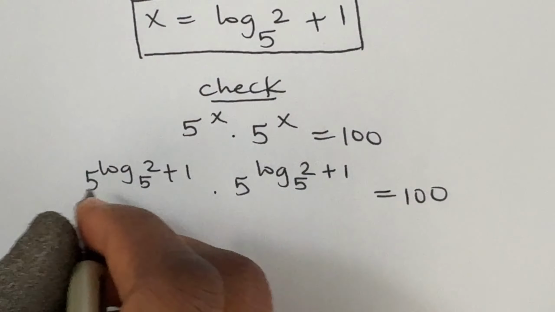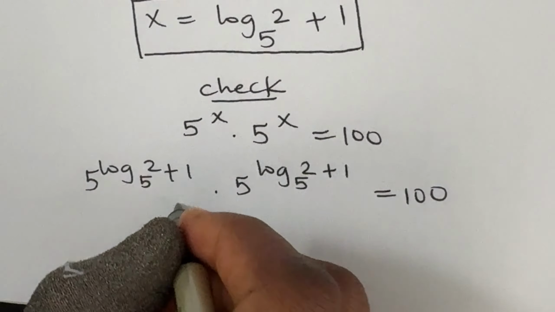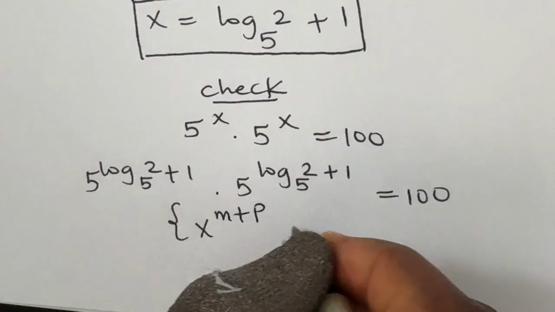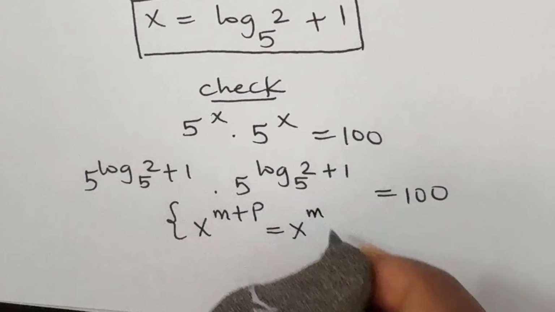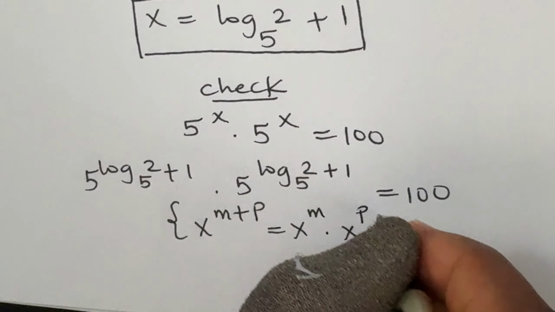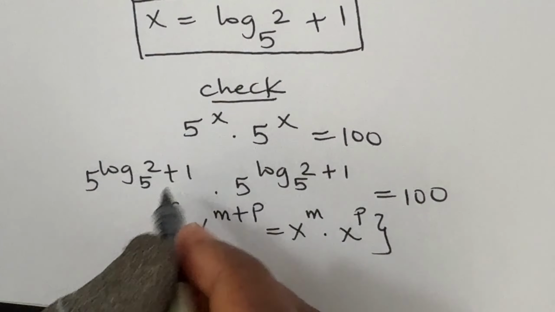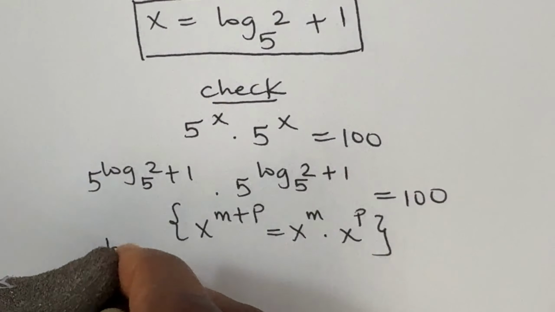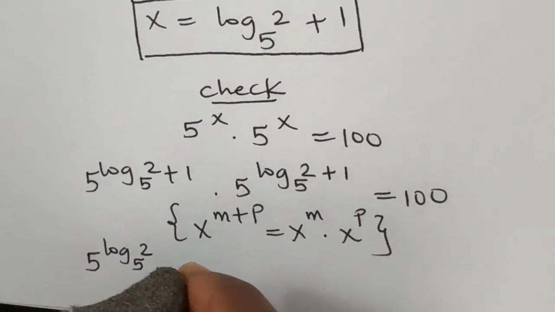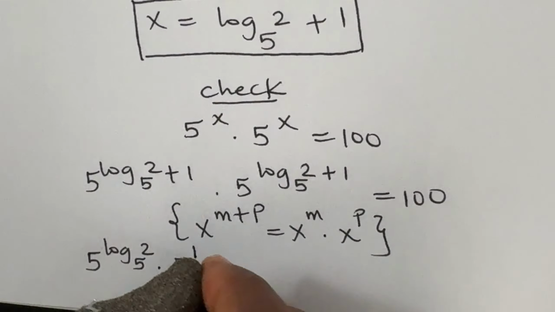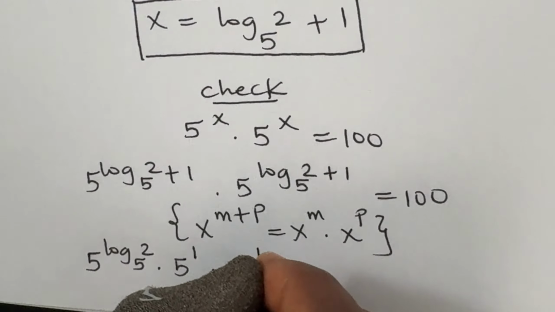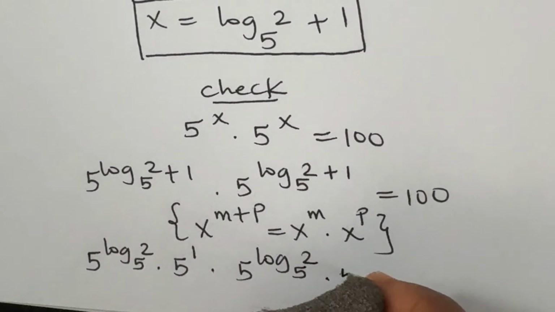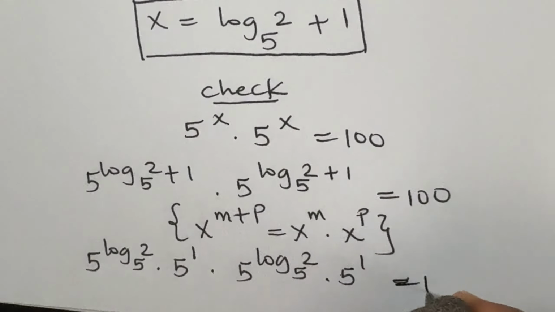We can separate these powers using this law of indices. x raised to power m plus p will give us x raised to power m times x raised to power p. So this becomes 5 raised to power log 2 base 5 times 5 raised to power 1 times 5 raised to power log 2 base 5 times 5 raised to power 1 is equal to 100.